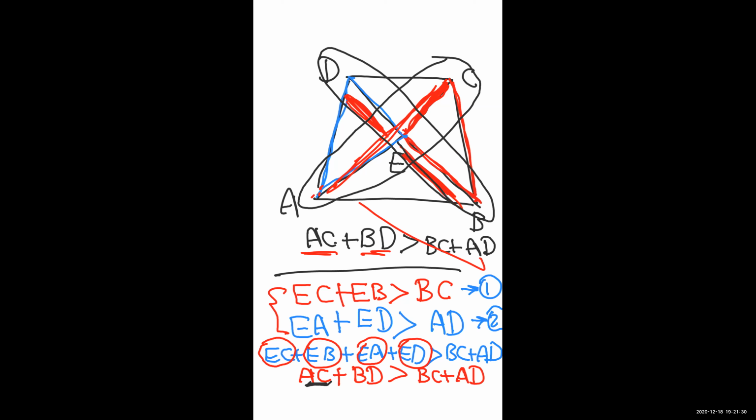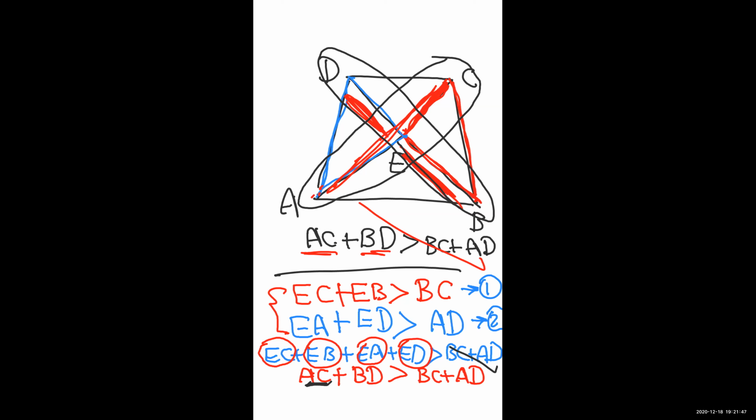So AC plus BD is greater than BC plus AD. Now, is it clear? Any questions? No, thanks. Okay, the next questions.